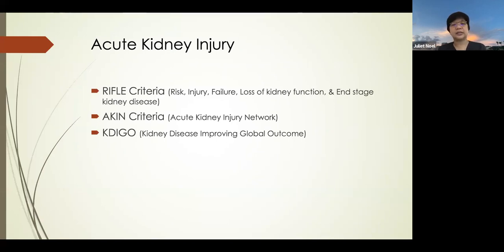AKIN, the Acute Kidney Injury Network, takes off from the RIFLE criteria. Then the KDIGO staging is brought about by Kidney Disease Improving Global Outcomes, spearheaded by the International Society of Nephrology.